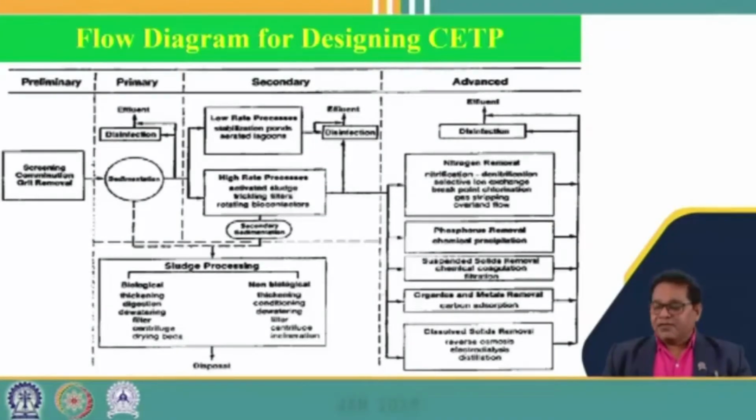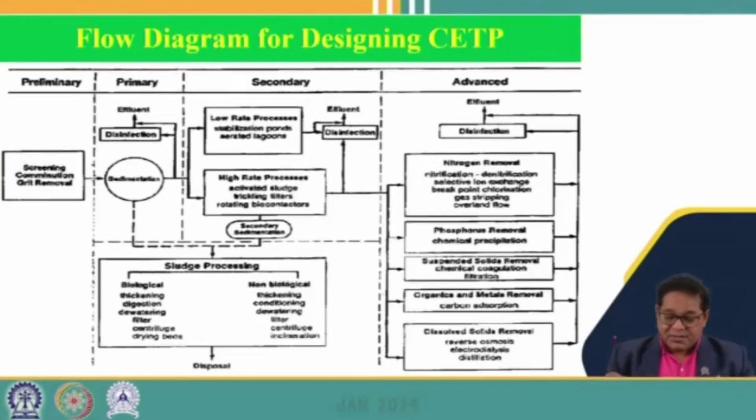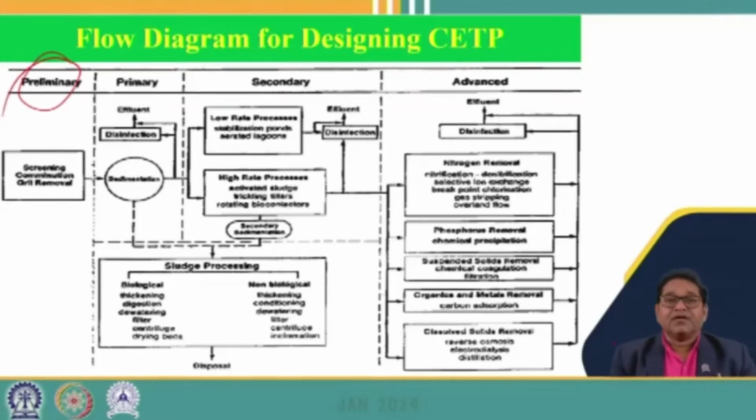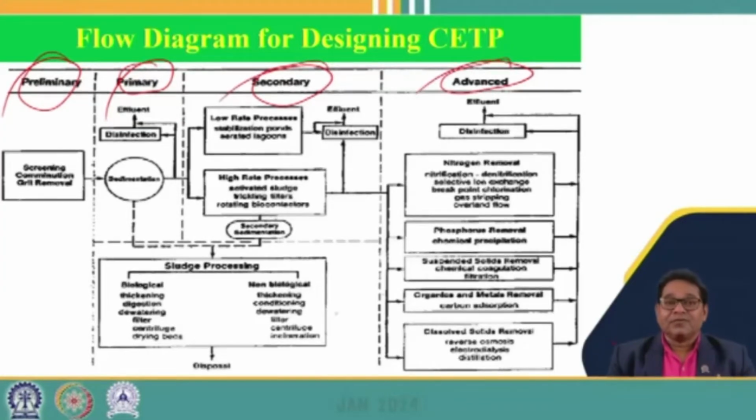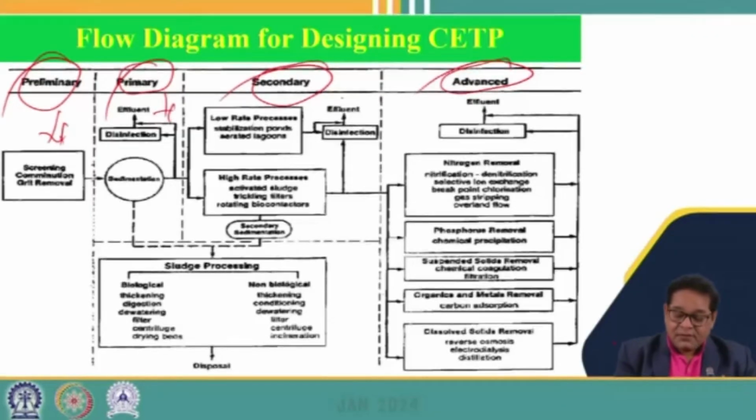So these are basically the various treatment processes and flow diagrams which have to be selected for designing a common treatment plant. Here, if we see, these are the preliminary treatment process, then primary treatment process, then secondary treatment process, and advanced treatment process. Under each treatment system there are a number of options that have to be selected.